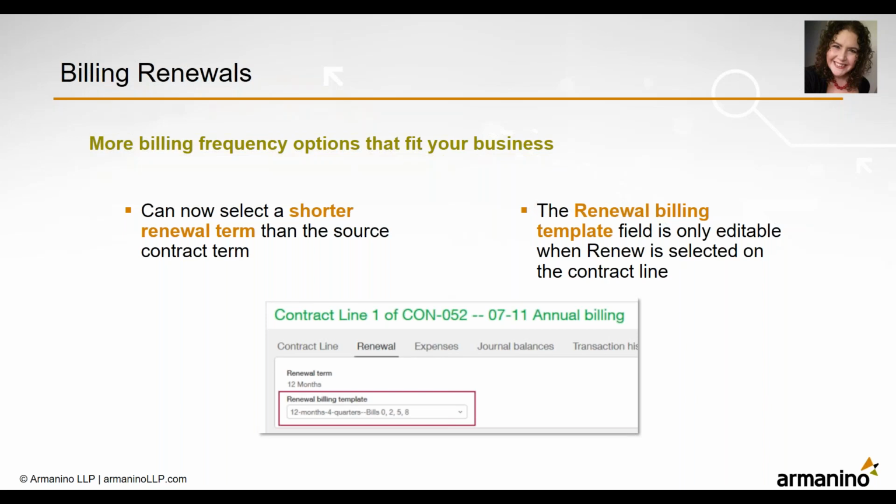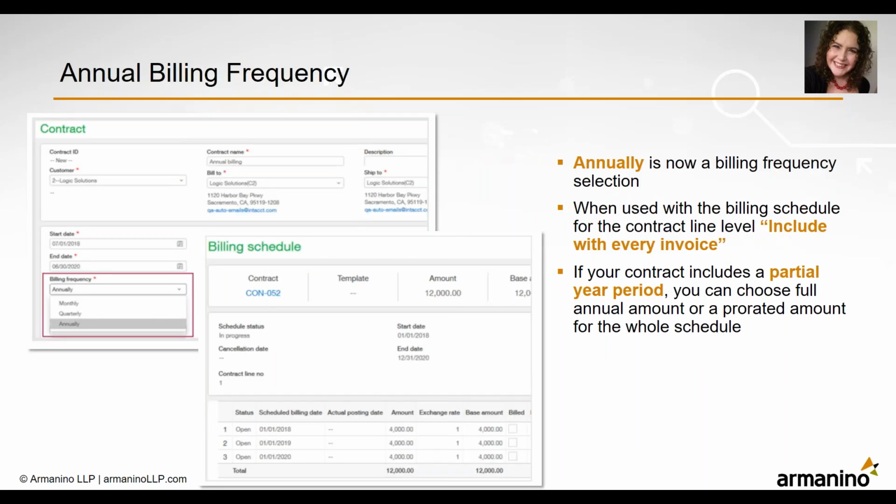Sure, no problem. So for contracts, this contract section, let me just go back one slide here. Annual billing frequency. Up until now, annually was not a billing frequency option, so they have now made it an option for you. It is used with the billing schedule, with the contract line level include with every invoice.